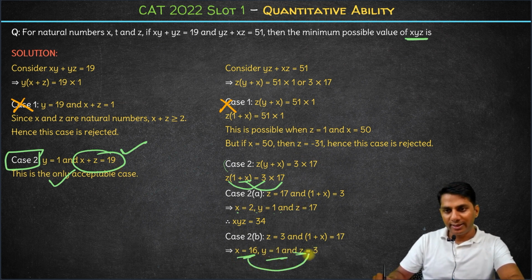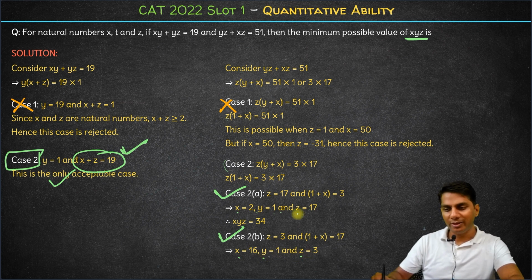Now x plus z comes out to be 19, which satisfies the condition, so this case is also accepted. In this case, the product of the three numbers x into y into z will be 16 into 1 is 16, 16 into 3 is 48. So the product here is 48.